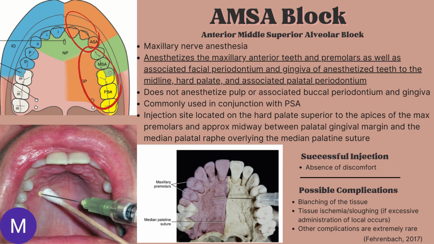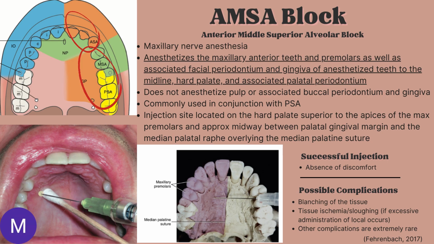Last but not least, we're touching on the AMSA block, otherwise known as the anterior middle superior alveolar block. This injection anesthetizes a large area innervated by the anterior and middle superior alveolar nerves, as well as the nasopalatine and greater palatine nerves in the maxillary arch.